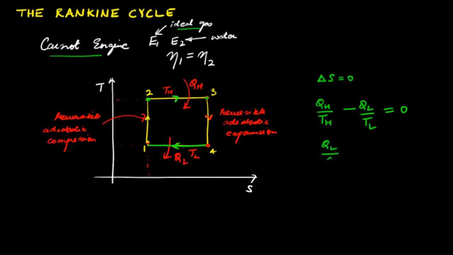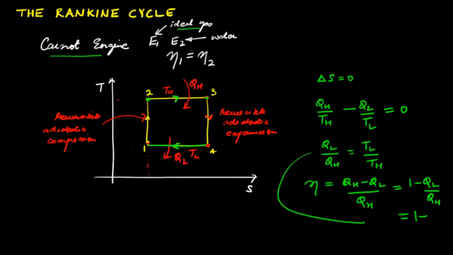Therefore, QL over QH is equal to TL over TH, and the thermal efficiency, that is also the first law efficiency of this Carnot cycle, is the work output over the heat input, and that is equal to 1 minus QL over QH, and from this equation is 1 minus TL over TH, where TL and TH denote the absolute thermodynamic temperatures of the reservoirs from which the heat is being reversibly accepted and rejected.